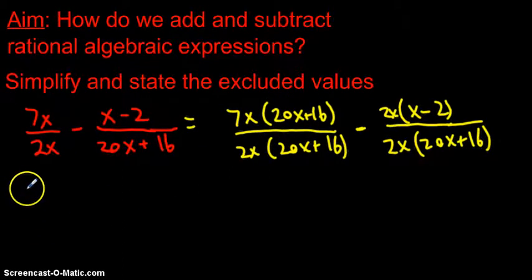So that's 140x plus 70 and 42 would be 112.